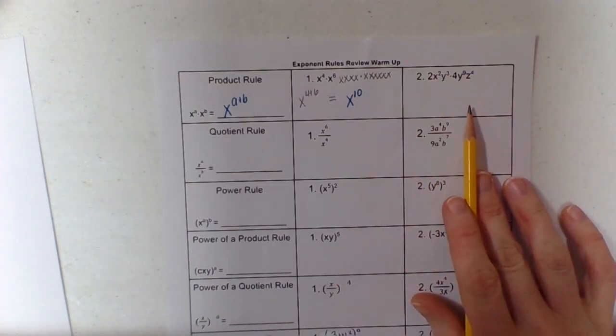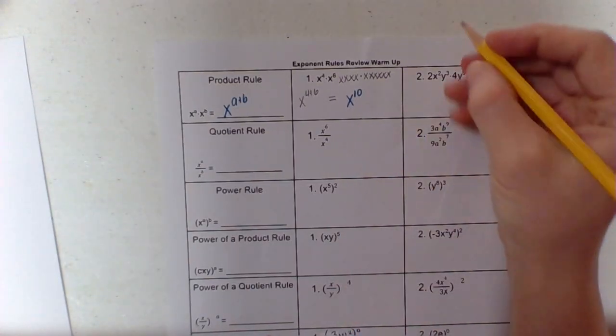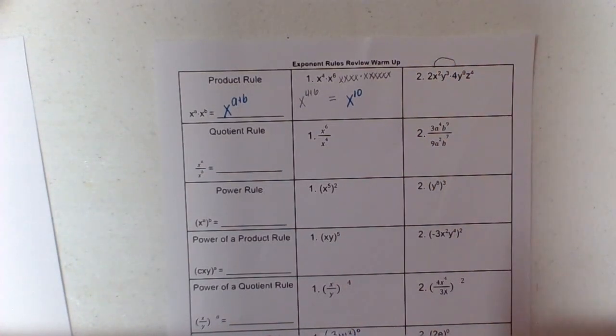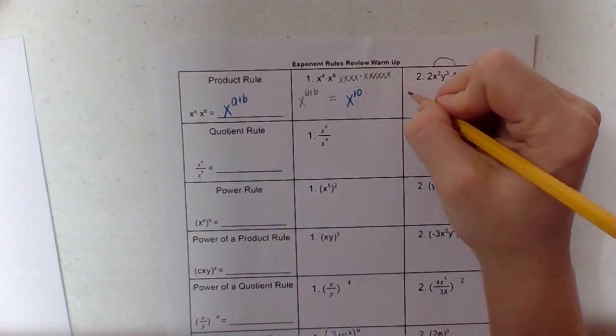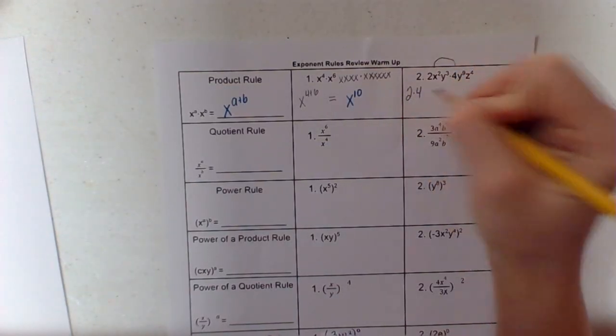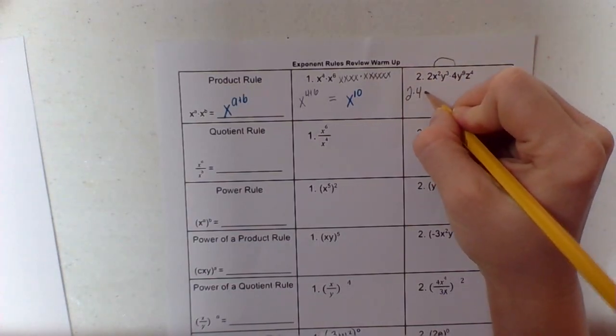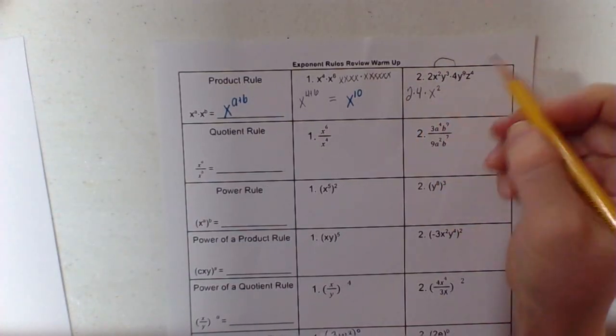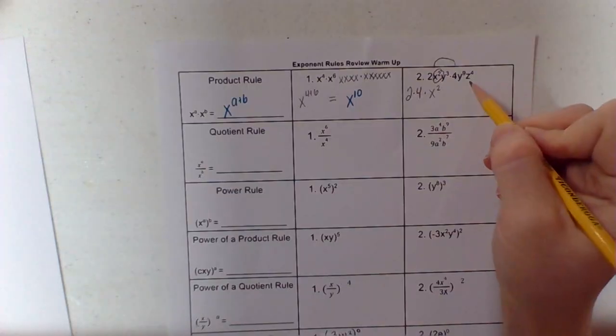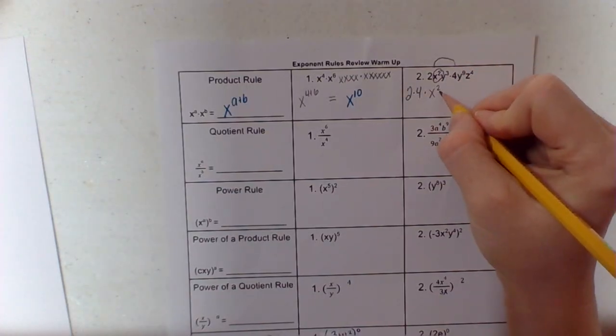A more complicated version of it, if we have coefficients, you still multiply those like you would normally. You're going to do 2 times 4, and then you'll do what you have with your variables. I have my x squareds, I have my y's.